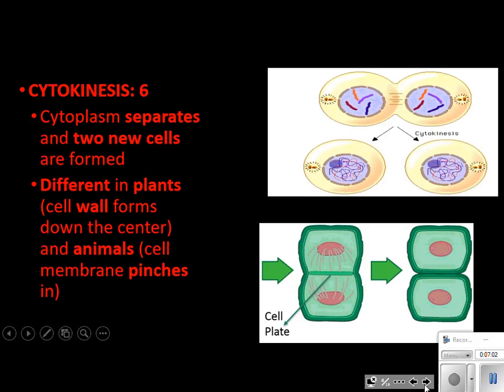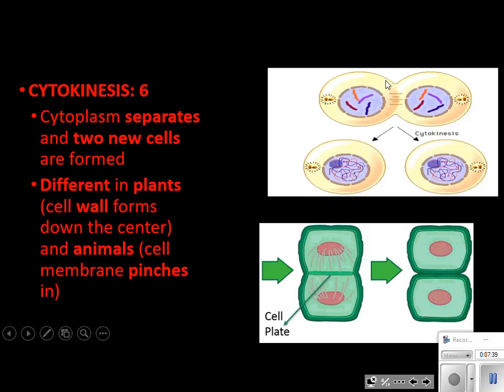If we look at the plant cell, the cell wall forms down the center. So, right here is what we call the cell plate. So, during telophase, this cell plate starts to form, and then in cytokinesis, the cytoplasm is separated, and now I have two new animal cells, and right here are my two nuclei.